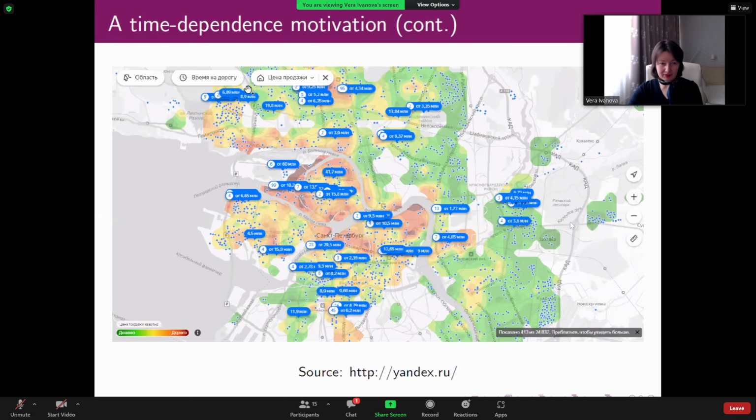For example, this picture is for house prices in St. Petersburg, and we can see that there is spatial dependence between the house prices.